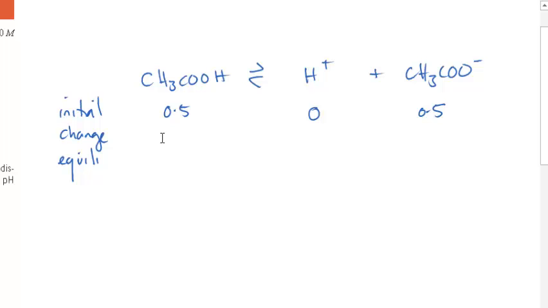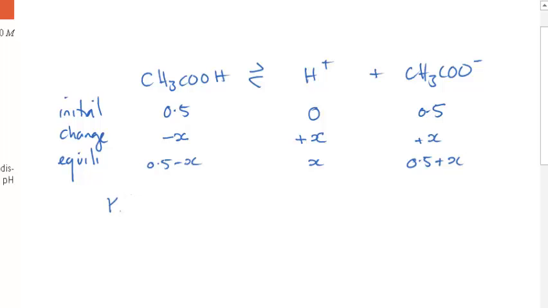And what's the change? Well, it's minus X, so it dissociates a little bit, and because of that we're going to get a little bit of additional H+ and a little bit more acetate. That means at equilibrium we're going to have 0.5 minus X of the acid, X amount of hydrogen, or H+, and 0.5 plus X of the acetate, so a little bit more.